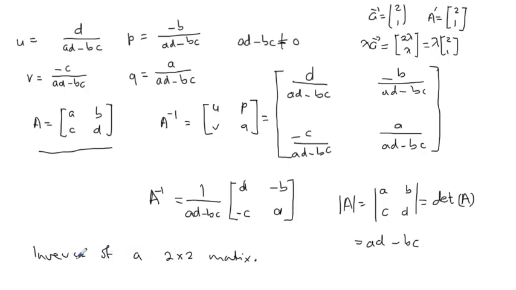So we can find the inverse of 2 by 2 matrices. But before that, what else have we achieved? We've computed the determinant of a 2 by 2 matrix. These are the 2 things we've done here. We now know what an inverse is. We've seen that to get an inverse, we need a determinant. And we now know what a determinant is.